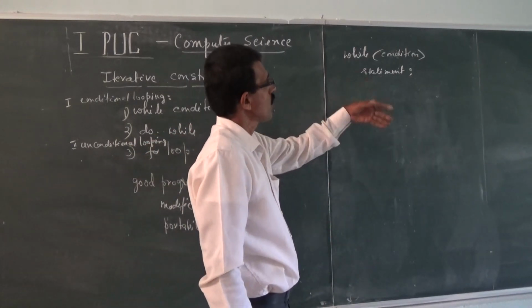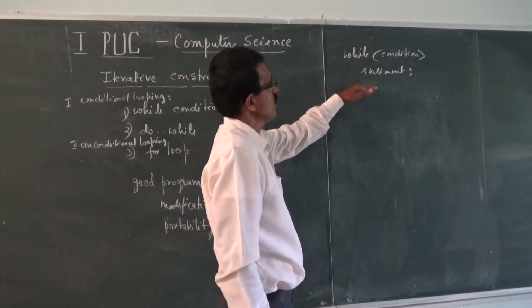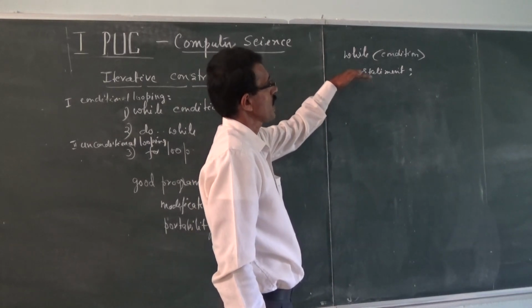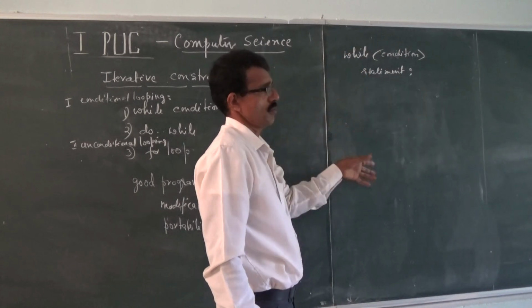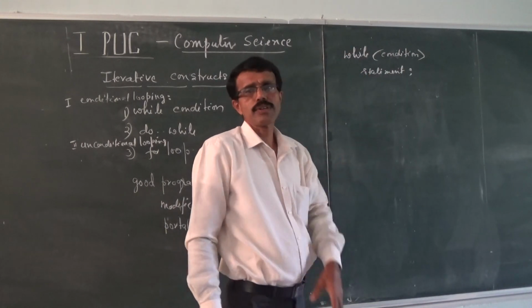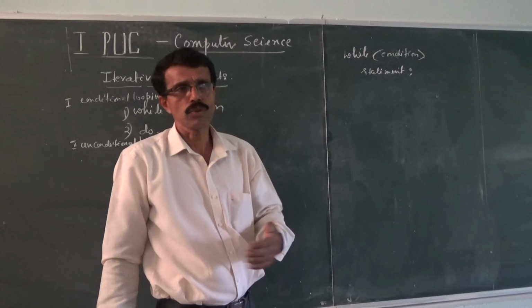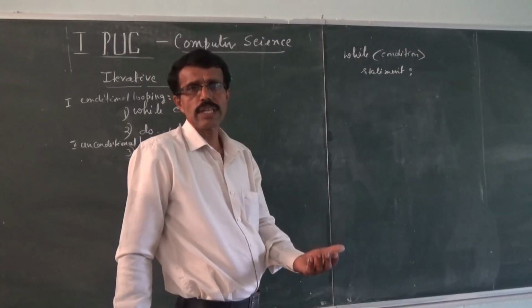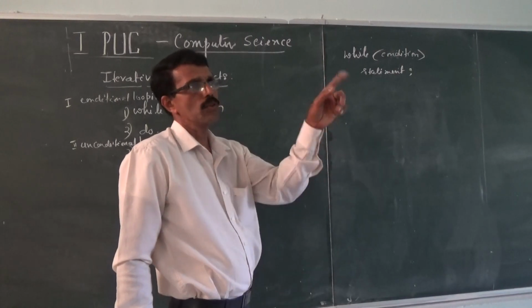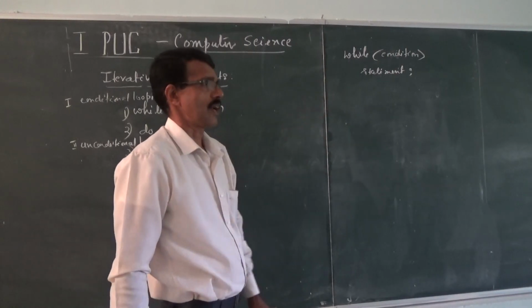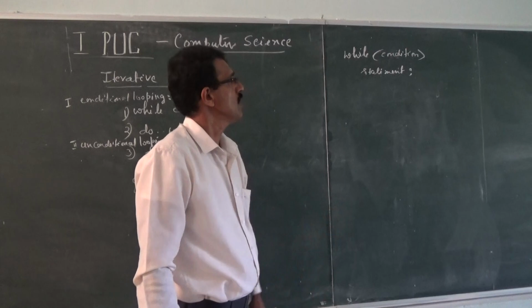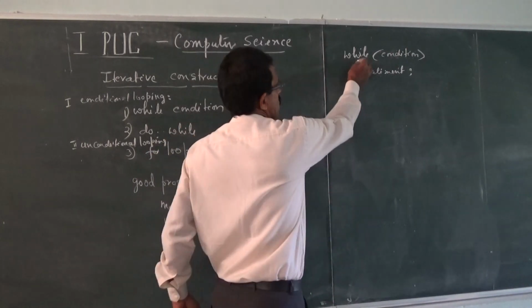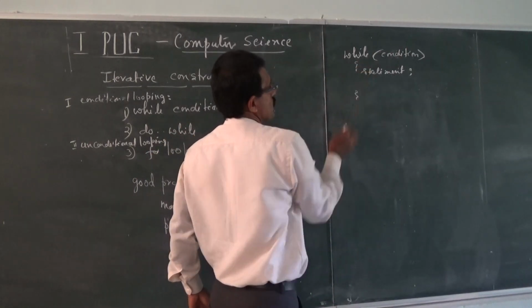So it is either simple or compound. If we need to write a compound statement, we have to follow the rules of the programming language. For example, in C++, we have to use brace marks on either side, that means enclosed within the brace marks.